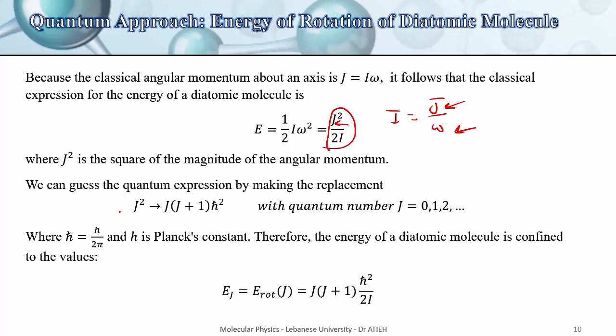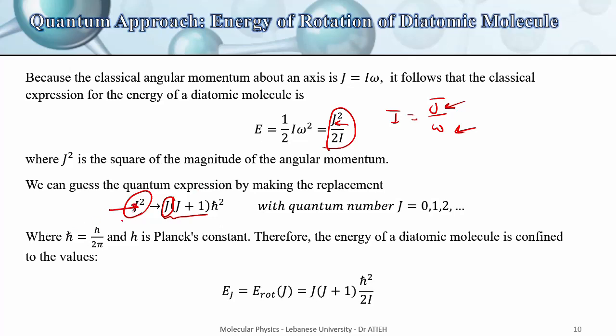You must have already seen, when solving the hydrogen atom, that the square of the magnitude of angular momentum is replaced by j times j plus 1 times h bar squared, where j here is a quantum number that goes 0, 1, 2, a positive integer. It can be 0 also.